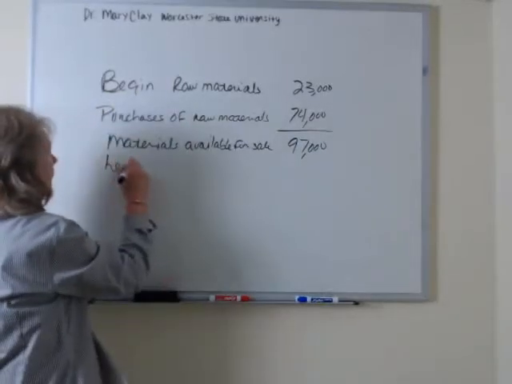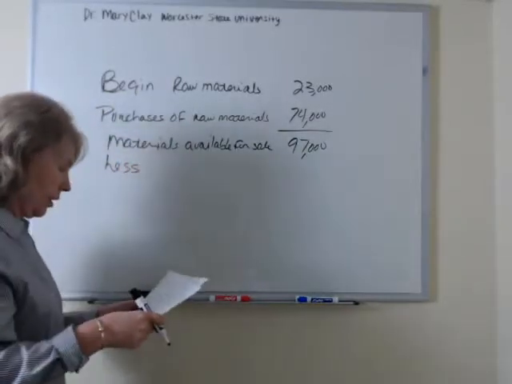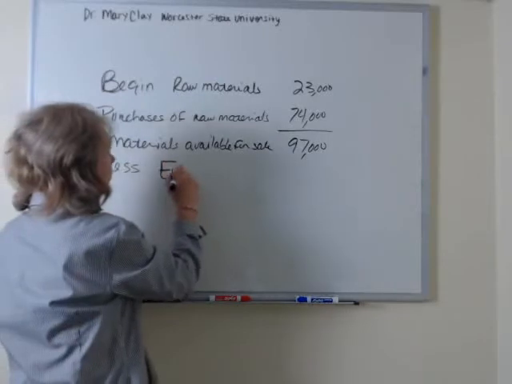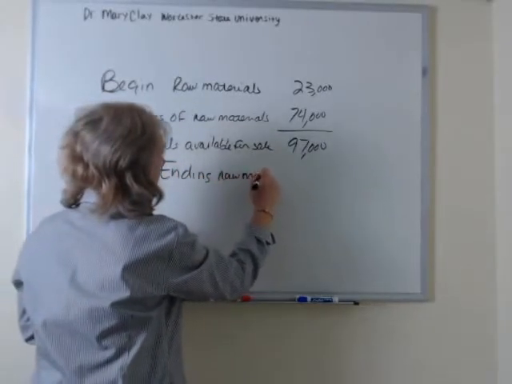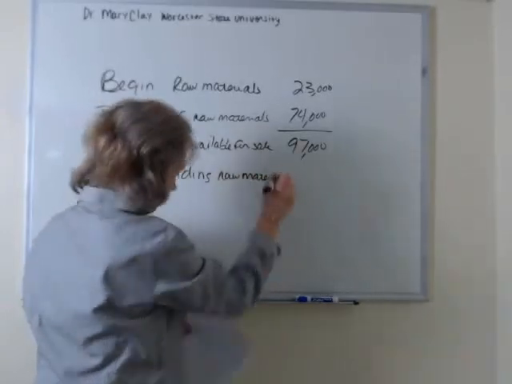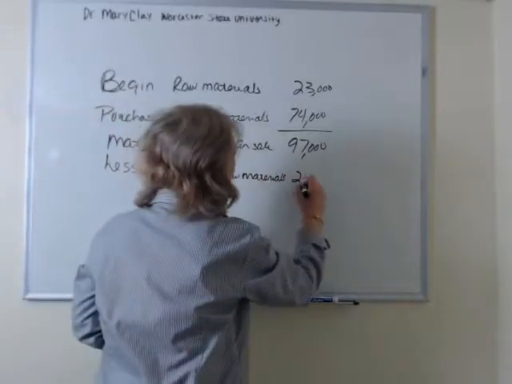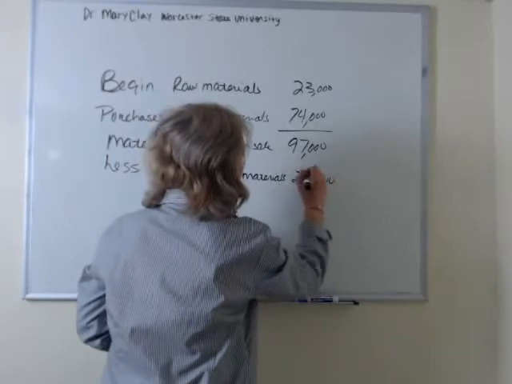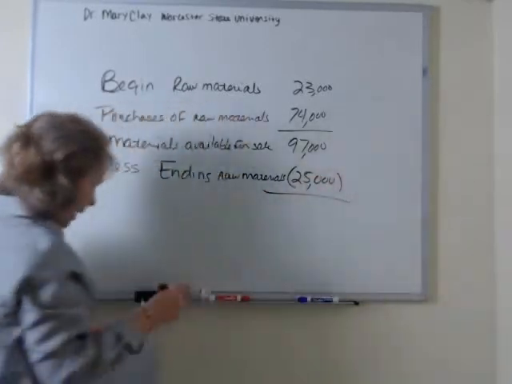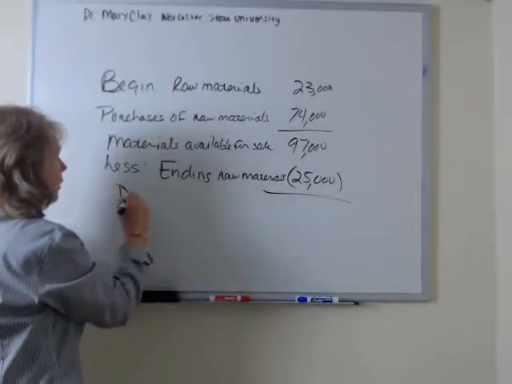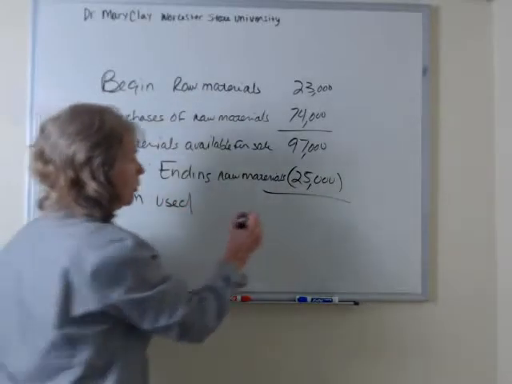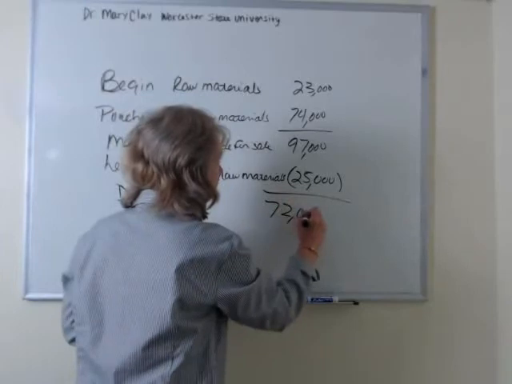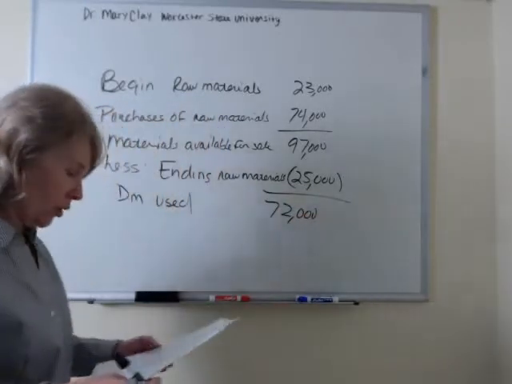Then I'm going to subtract, less ending raw materials, and that is 25,000. Finally, that's going to give me direct materials used. I'm going to need that number, 72,000. Jot that in your notes.